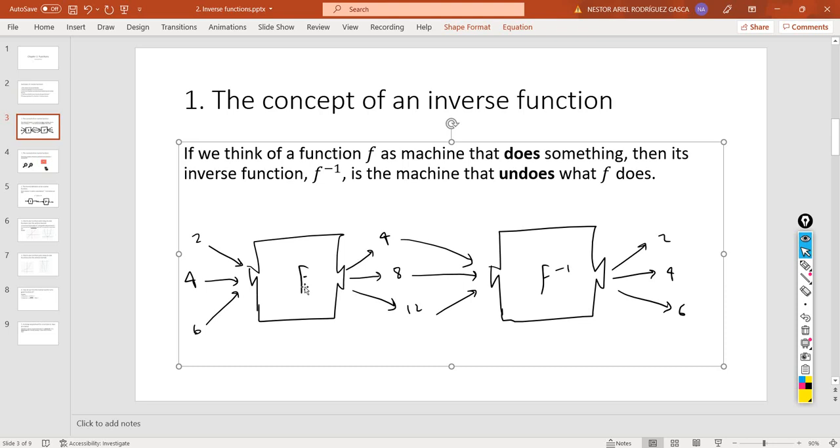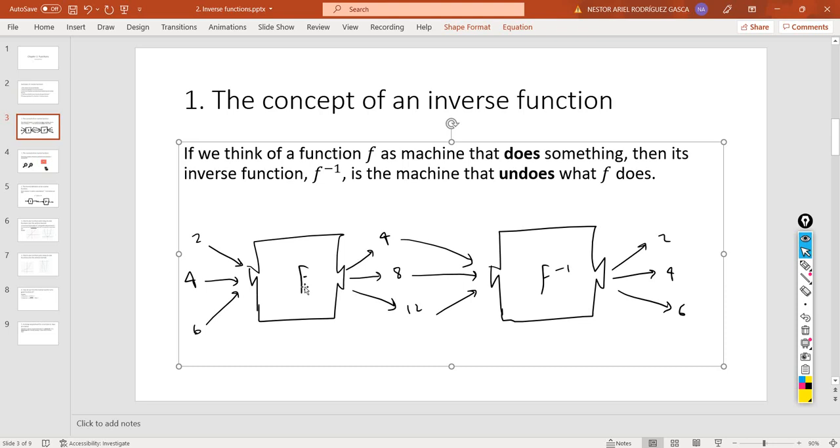Fine, perfect. Imagine there is another function now, and don't pay attention yet to its name. Suppose this function has the feature that when you give it the outputs given by f, for example the number 4, it will give you the number 2, which is the number with which f started.